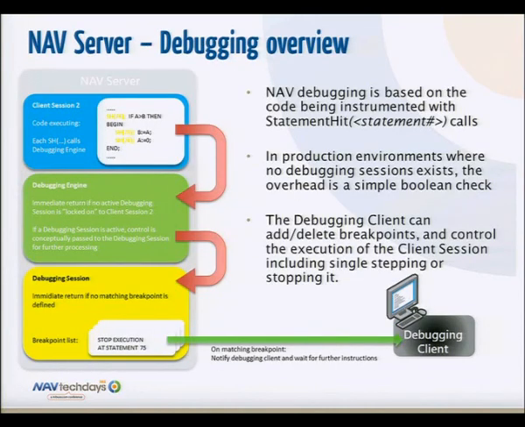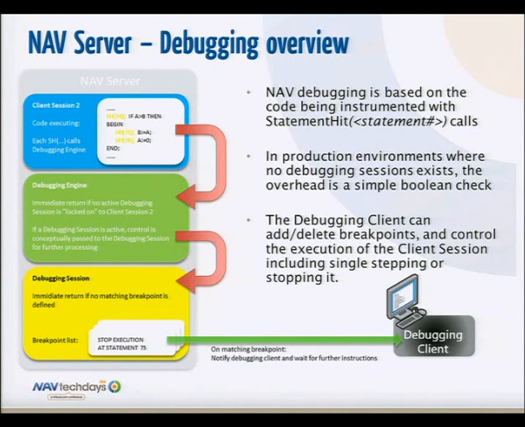The core reason why we can debug a single session while the other sessions that are active on the server keep running is that the debugger is based on instrumenting the code that we actually execute. Before each statement that we're going to execute in AL, there's a call to a function called statement hit that tells the debugger infrastructure, now we are thus far in the program execution.